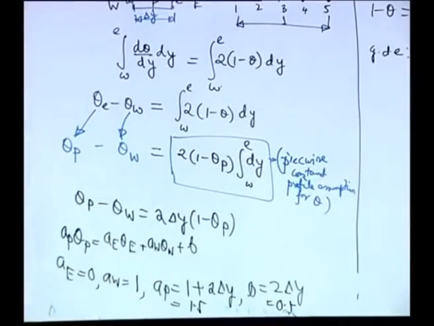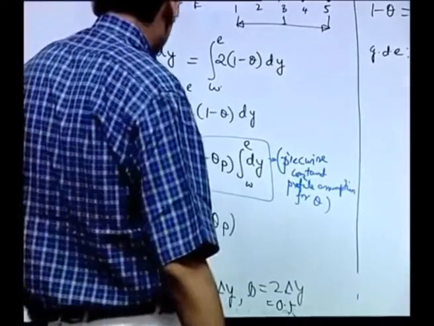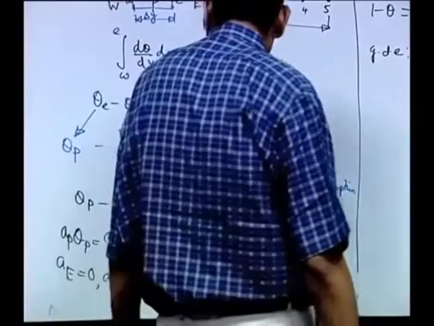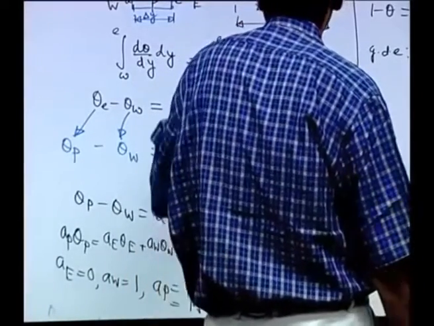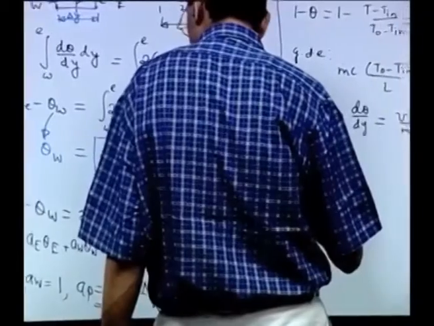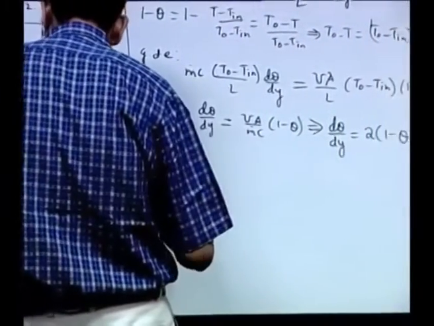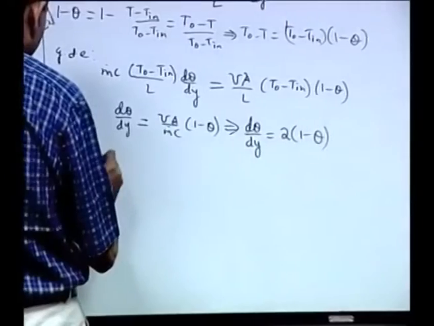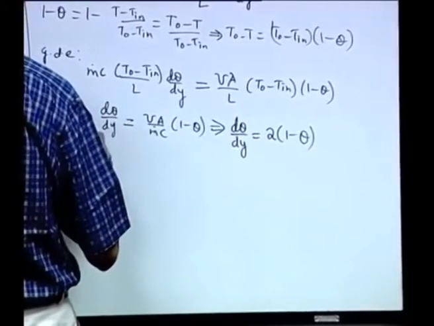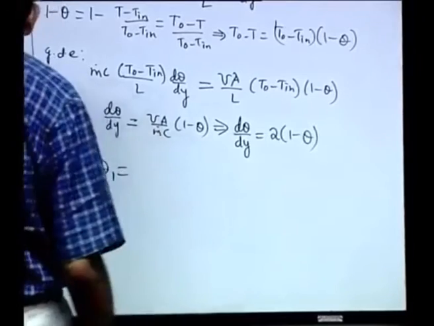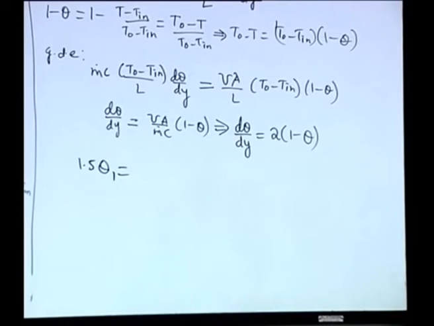So, what are the equations? For the first equation, AP theta p, all APs are 1.5. So, 1.5 into theta 1 is equal to, there is nothing called theta w here. When you write it for the grid point 1, there is nothing for the west of the grid point 1.